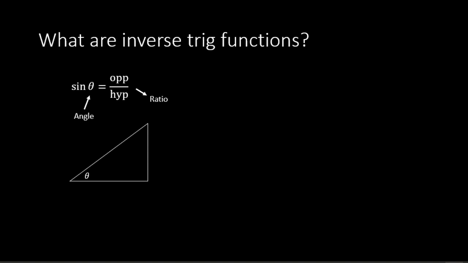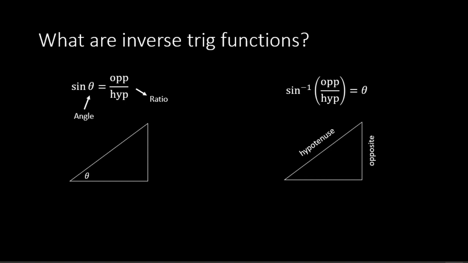Now, the whole point behind the inverse trig functions is that in life, more often, we know the lengths of two sides of our triangles, and we're trying to find the angle. So this function, sine, is not actually useful in this case. What we need is the opposite function, where we stick in the ratio, opposite divided by hypotenuse, because those are the numbers we have, and it tells us the angle.